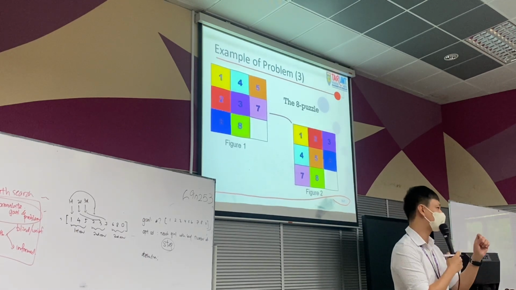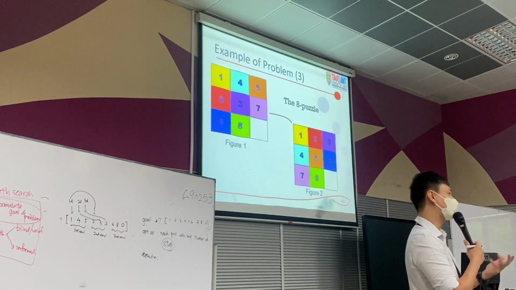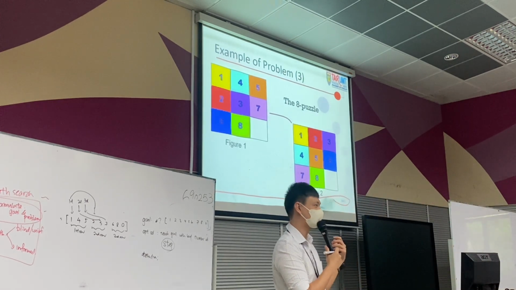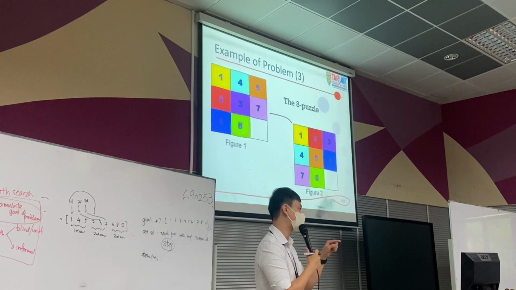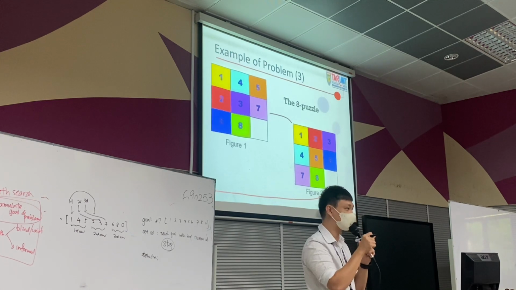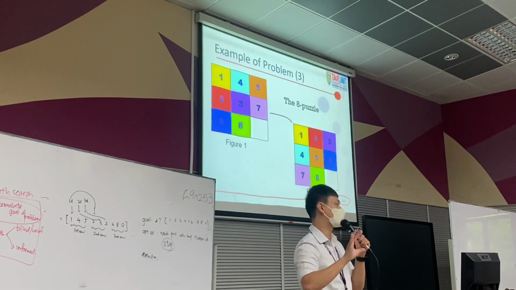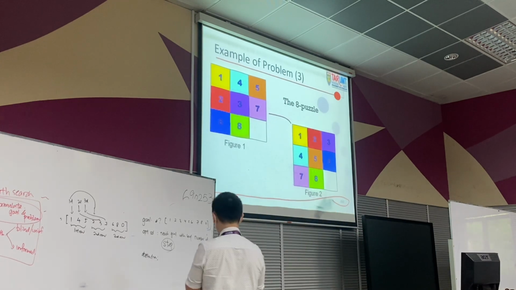Sliding is the requirement. The time taken. Okay, you can say the time taken is not our main factor, as long as it is the least number of steps. Maybe some of you are very slow, then you slide slower. Maybe some of you are very fast. The time is not our concern. We just want to reach the goal in the least number of steps. Very good. Time is not our concern.